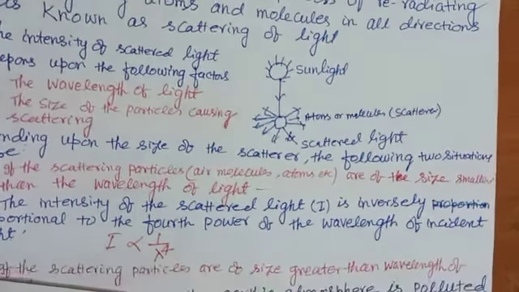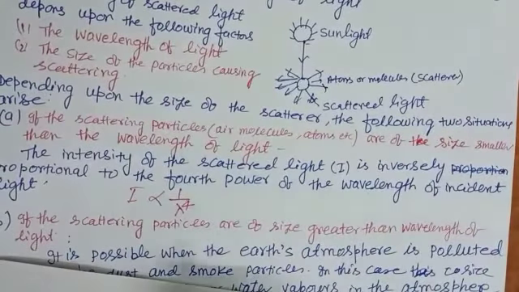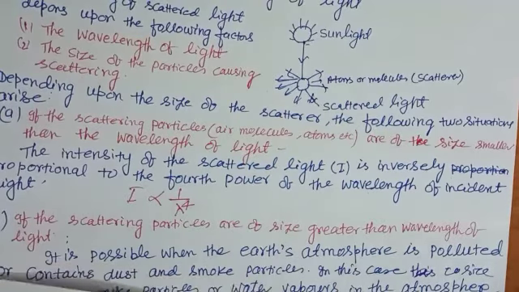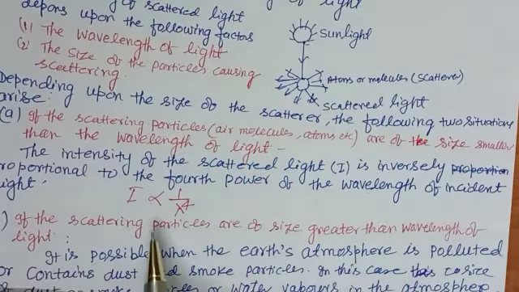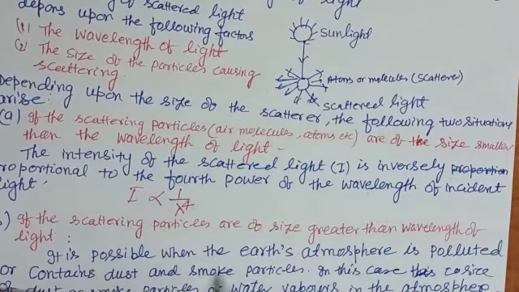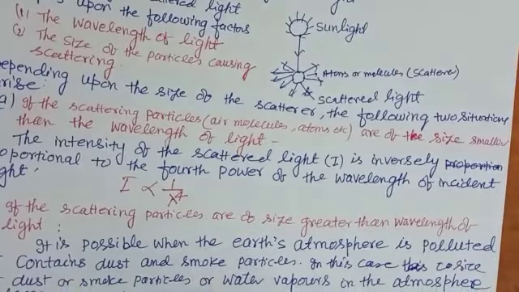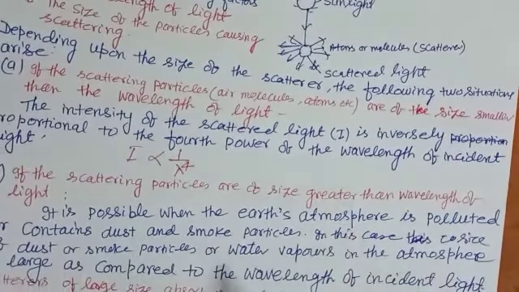Now the second situation: if the scattering particles are of size greater than the wavelength of light, then this relation is not valid. This is possible when the earth's atmosphere is polluted or contains dust and smoke particles.